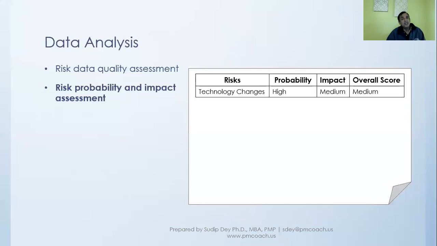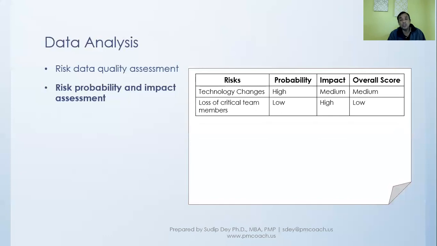And what you're saying is, because technology changes all the time, the probability of that happening is pretty high. But the impact, if it happens, we don't think is really high, it is medium. And so because probability is high and impact is medium, the overall score is medium. Similarly, we look through all the other risks.